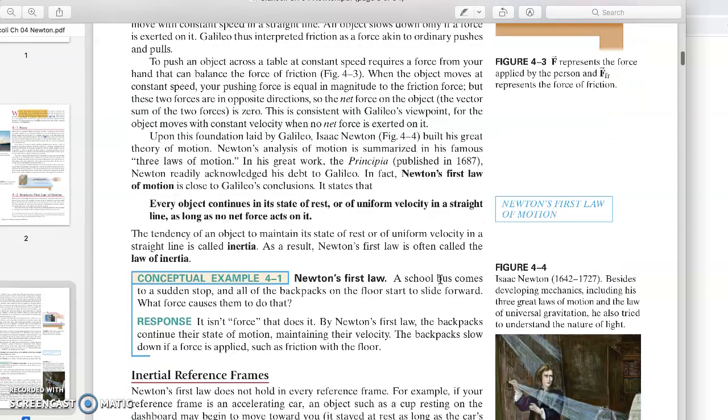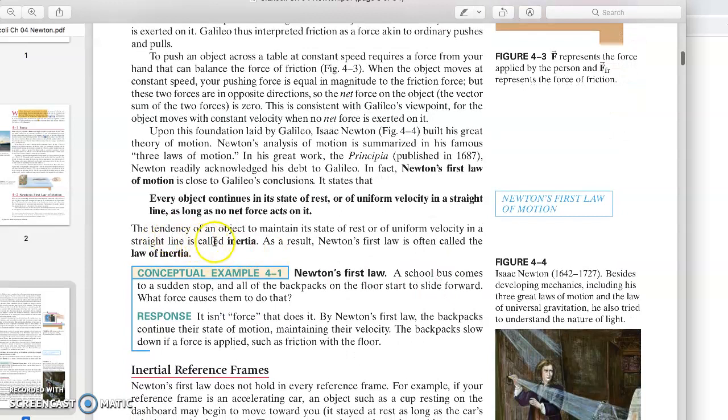That will be important. Now here it says the tendency of an object to maintain its state of rest or uniform velocity. So we keep in mind those two new words: state of rest or uniform velocity. State of rest or state of uniform velocity in a straight line is called inertia.